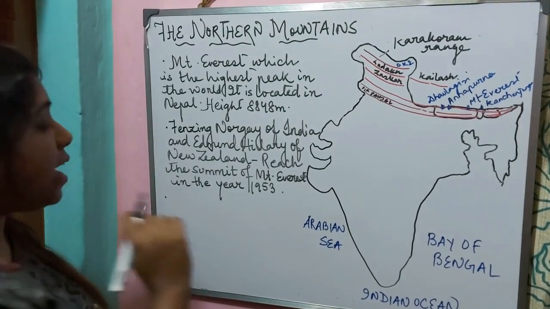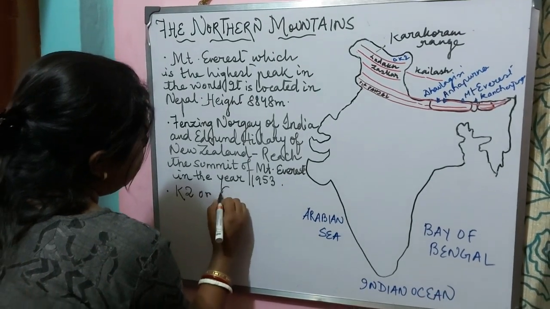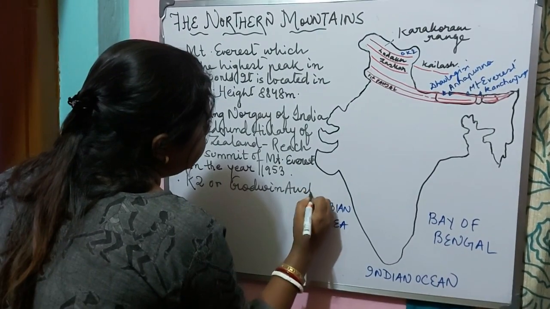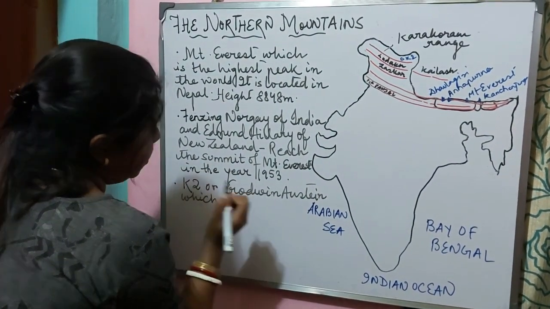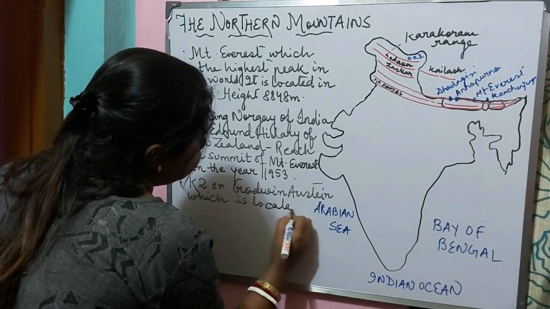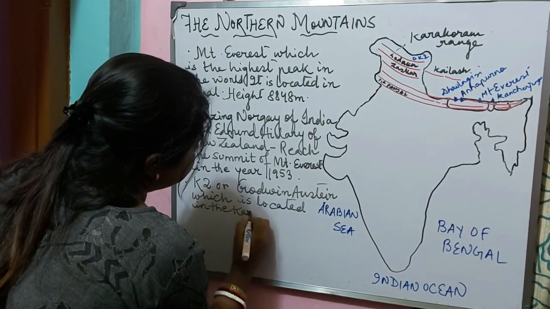Which is the second highest peak? The second highest peak is K2, or we can also call it Godwin-Austen, which is also located in the Himalayas, in the Karakoram range.